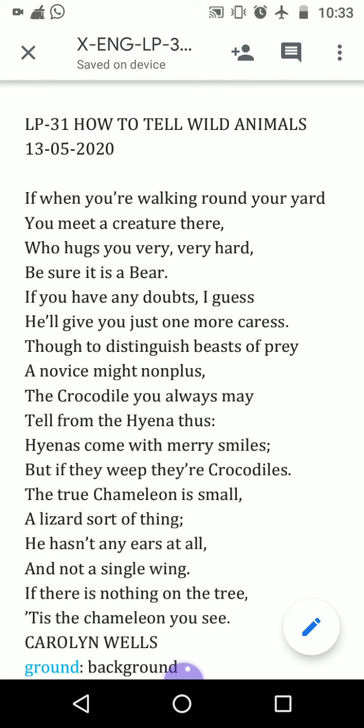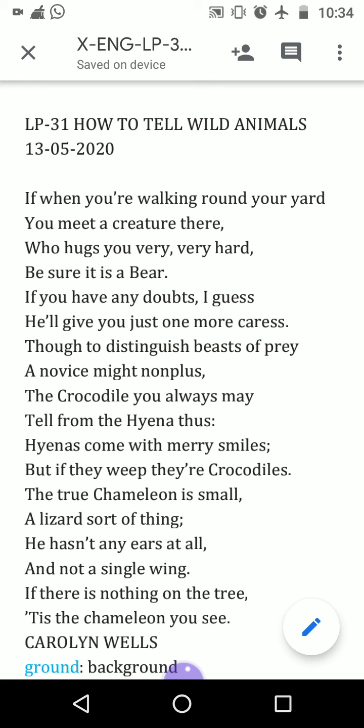If you are moving in your yard, near your house or inside your courtyard, and you meet an animal who hugs you, embraces you in its arms very tightly, be sure it is a bear.